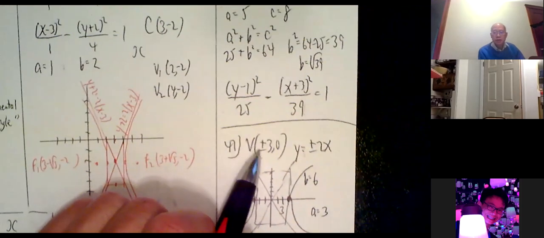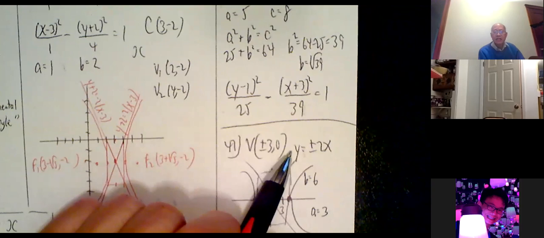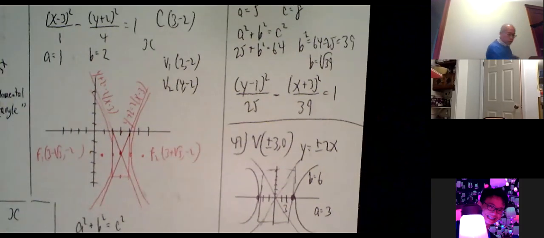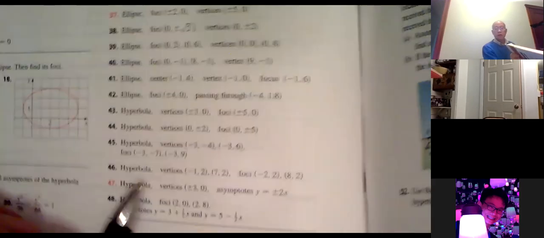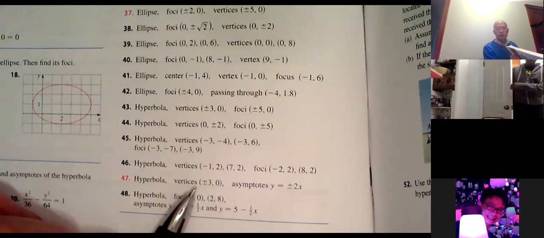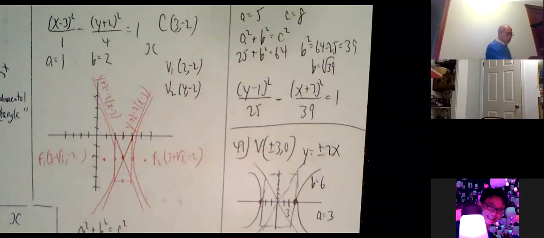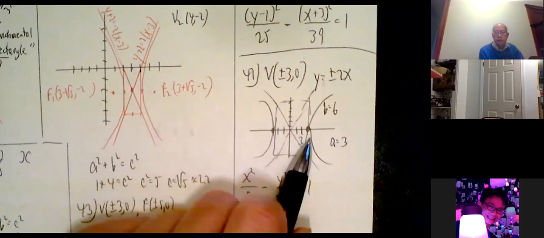Vertex is plus or minus 3, 0, and the asymptotes are y equals plus or minus 2x. I should show you the text for that one, I suppose. So hyperbola, vertices are plus or minus 3, 0, asymptotes y equals plus or minus 2x. Okay, so -3, 0, 3, 0.